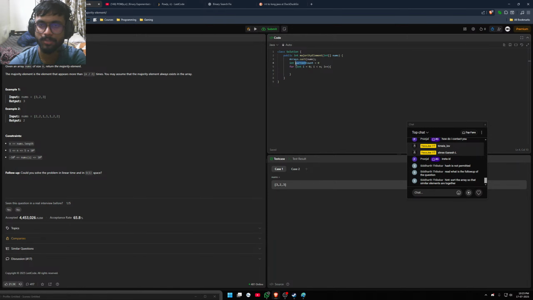Max count, let's say max count. Okay, got it. So I have to store the current element somewhere, the previous element somewhere.